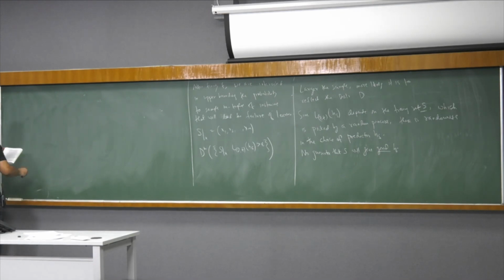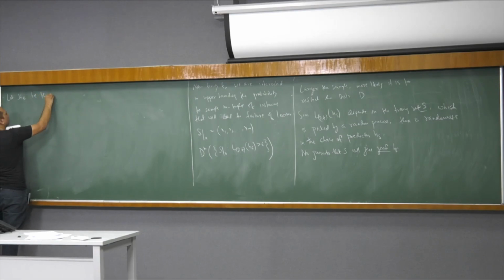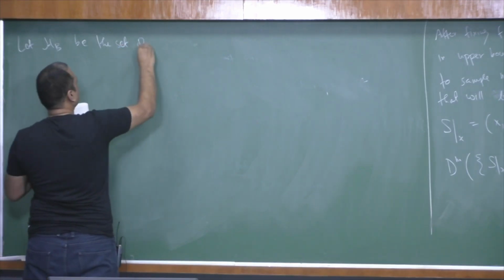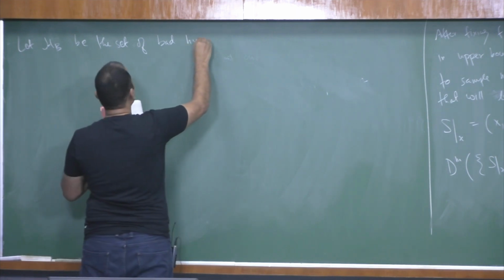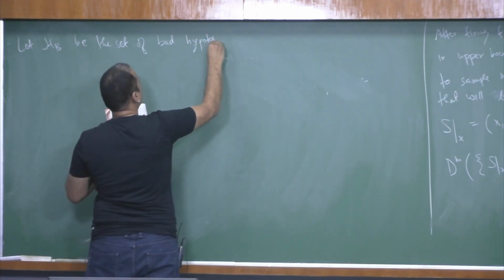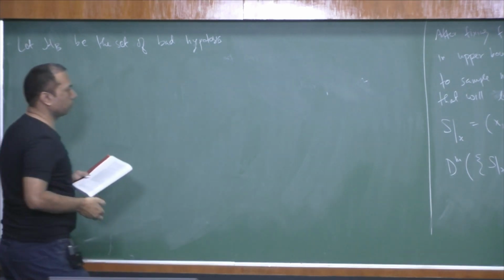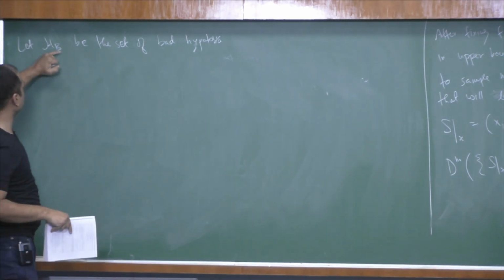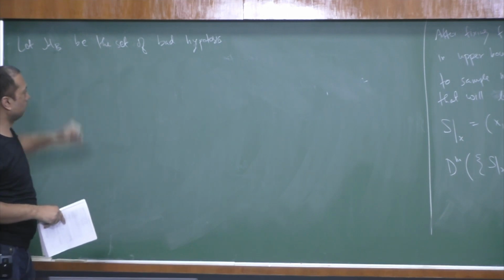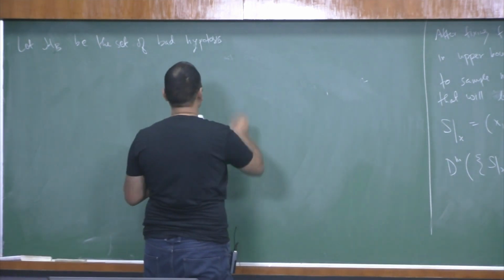Let H_B, where B stands for bad, be the set of bad hypotheses. I mean not the sample, I said sample, but H_B is the hypothesis class, a set of hypotheses.